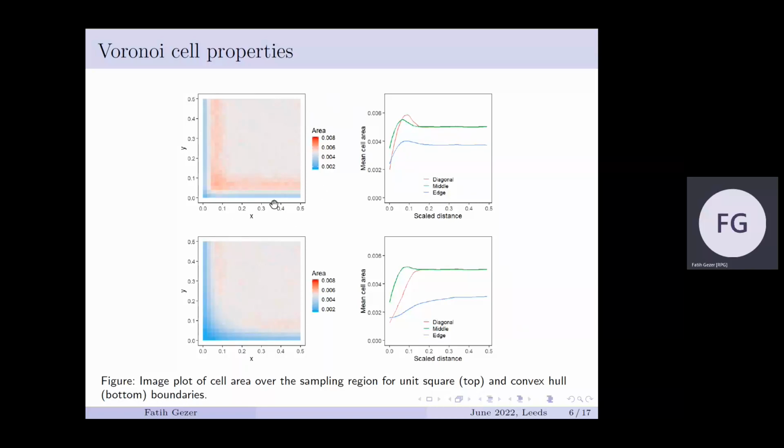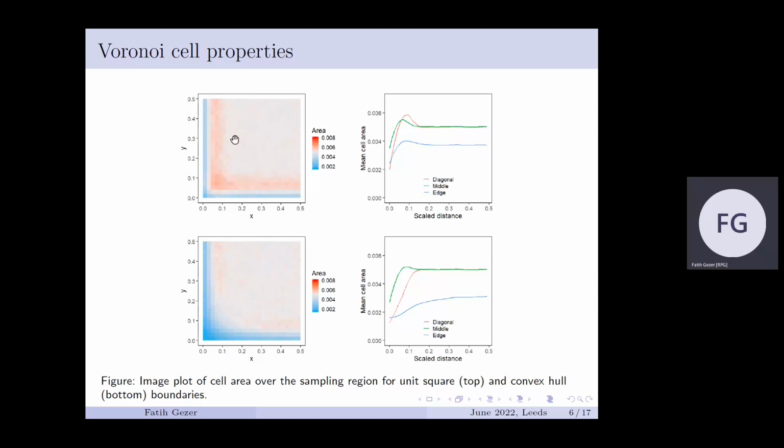This is from 0 to 0.5, but this actually continues on the right-hand side, and for the top part as well. We see that the cells very close to the corner are having the smallest area, and the ones that are closer to the edges are having still smaller area, but it is smallest at the corner.